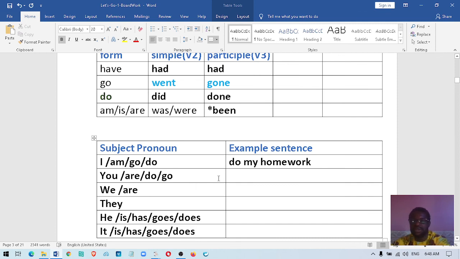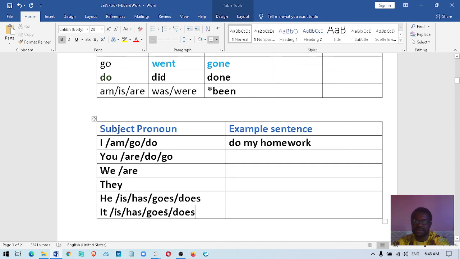We are studying English. We go to school. We do our homework. They like their teacher. They do this. But when it comes to he or she, it changes. He is, he has, he goes, he does, it is, it has, it goes, it does.